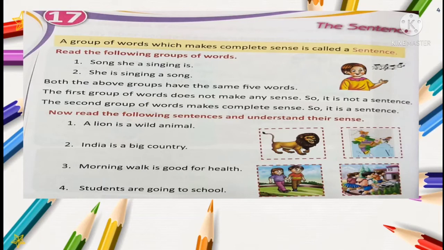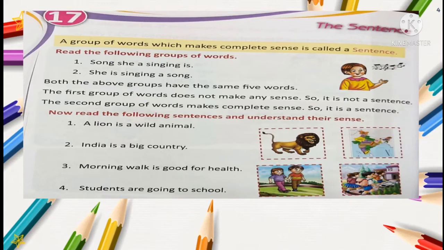So the correct sentence will be "She is singing a song." In both the sentences, we have the same 5 words, but the first group does not make any sense. But when I change their place a little bit, then they make complete sense. So number 2 is the correct sentence.